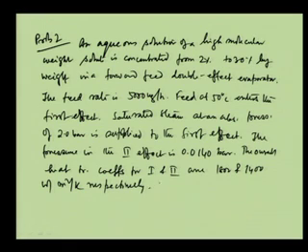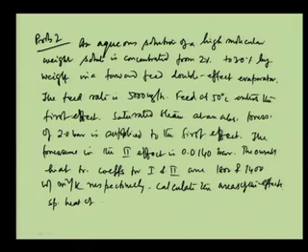Now, calculate the areas of the effects, and the specific heat of the liquid is 4.1 kilojoule per kg per Kelvin.